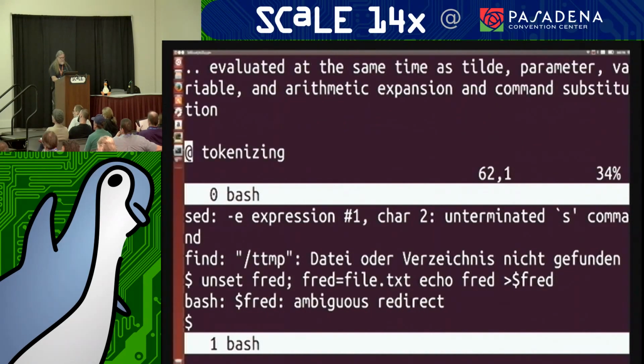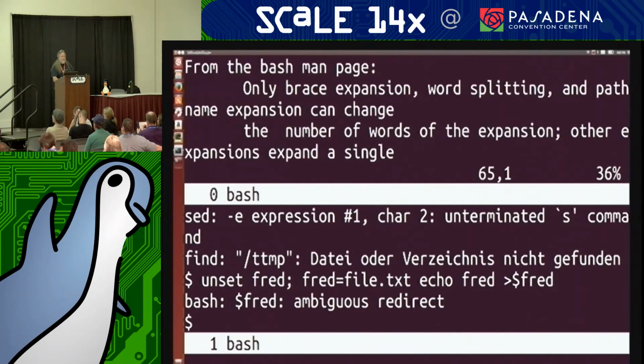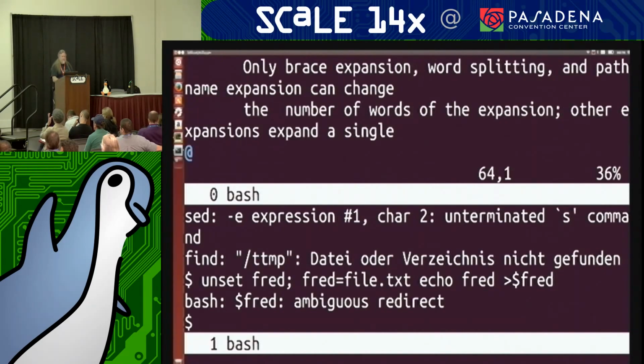All right. So tokenizing. This is from the bash man page. Only brace expansion, word splitting, and pathname expansion can change the number of words of the expansion. Other expansions expand to a single word. So brace expansion, word splitting, and pathname expansion can change the number of items on the command line.